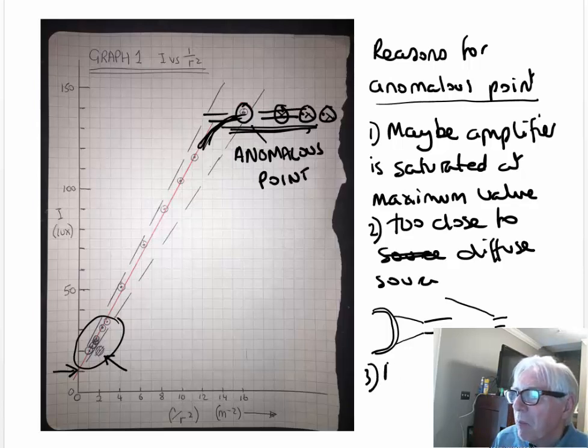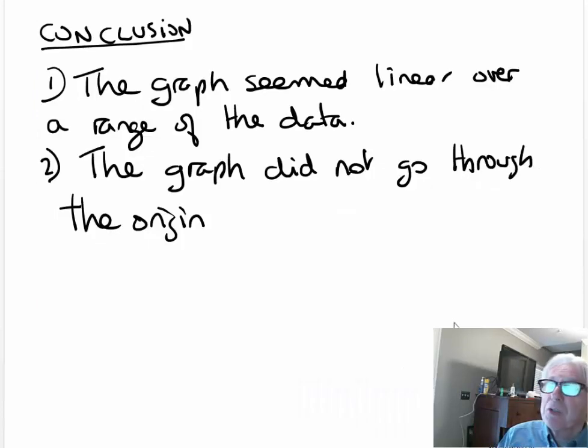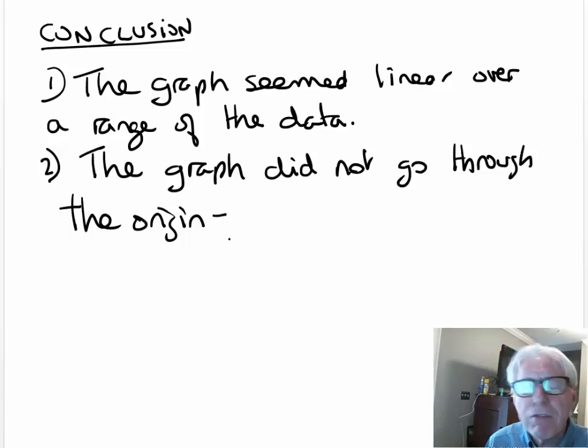Three, background illumination of 10 lux. Yeah, I had some background lights on in the room, and so they gave a light level which was independent of the position of my light source.